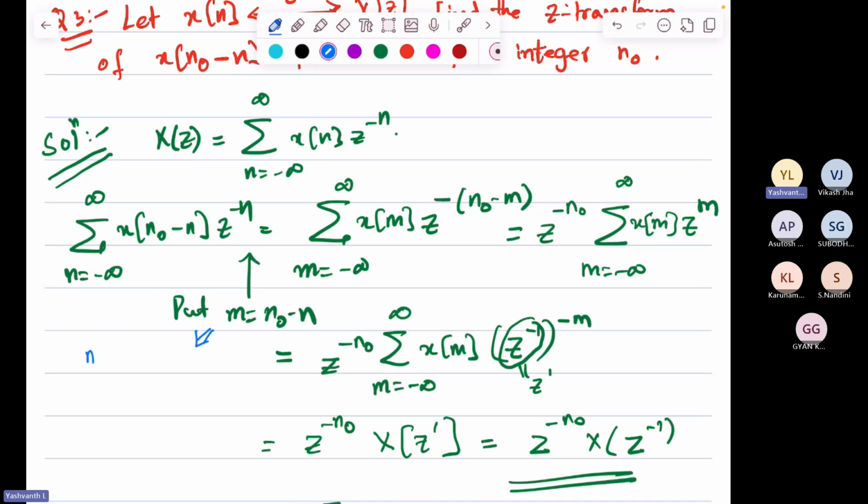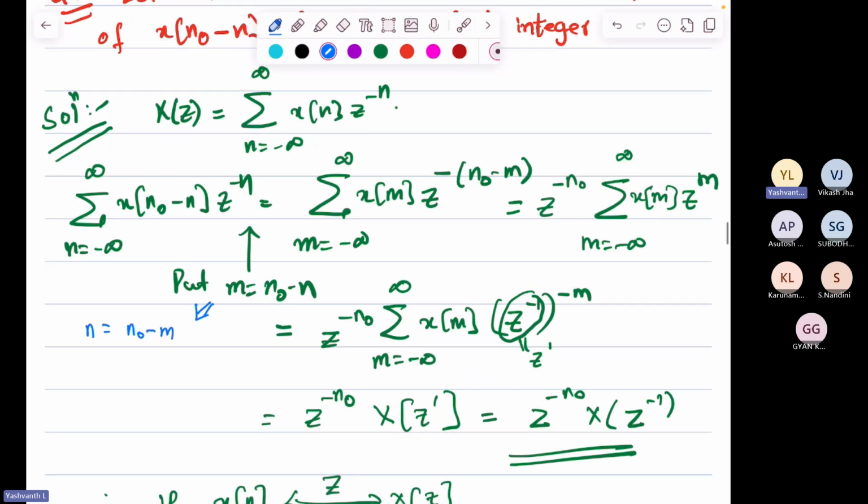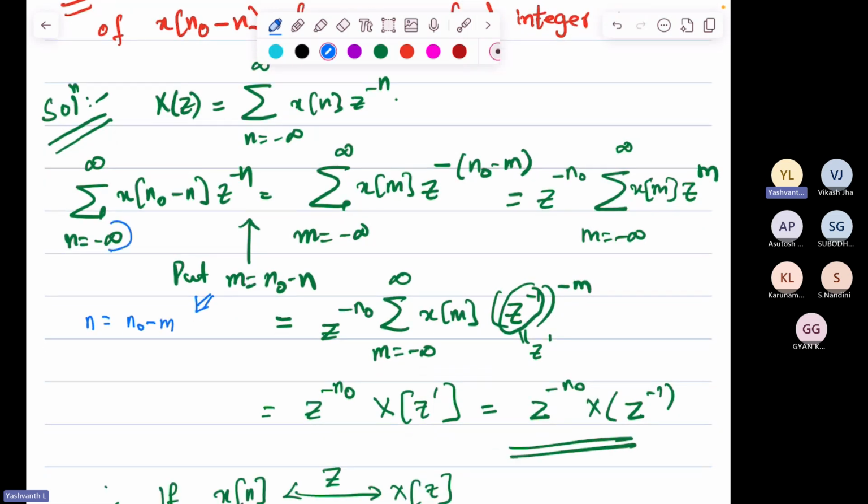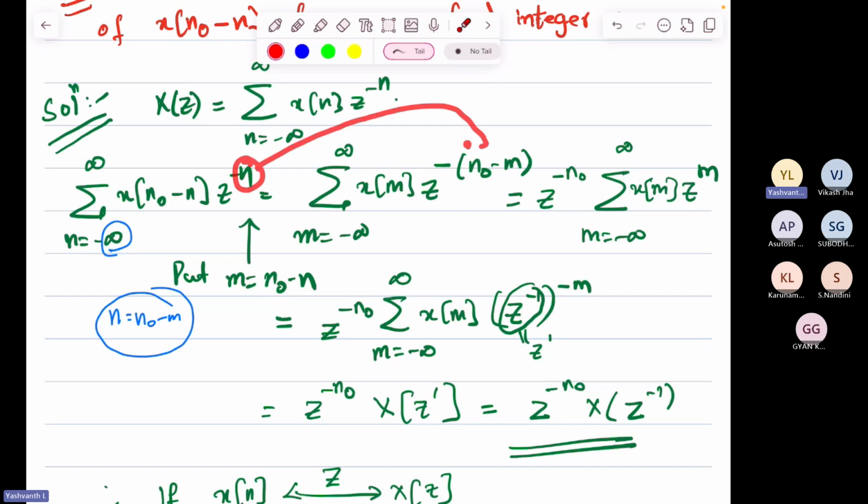Then n is equal to n naught minus m. This n I replaced by n naught minus m because of this relation. I have substituted m equal to n naught minus n, so n becomes n naught minus m.